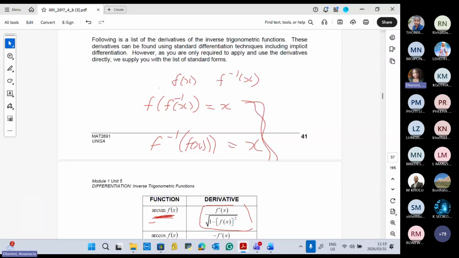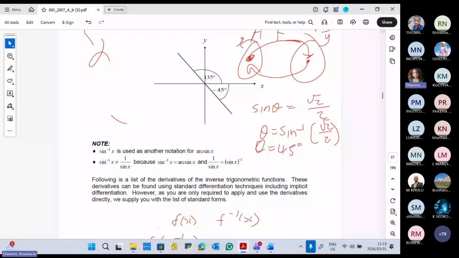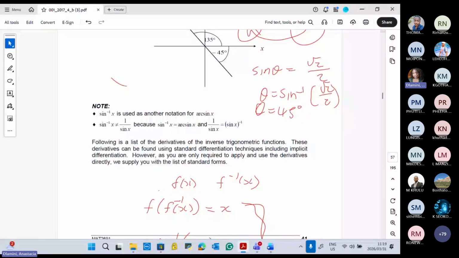There's something I needed to highlight as well. They say that sine to the power of -1 is used as another notation for arcsine. Are we together? Now, sine to the power of -1, meaning the inverse of sine, is not equal to 1/sine, because what's this?